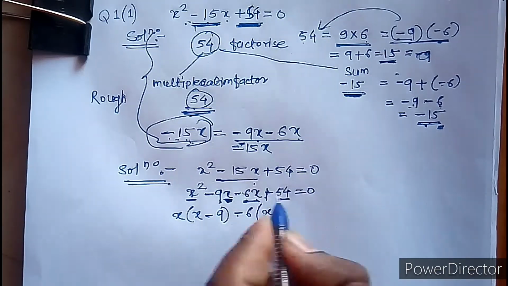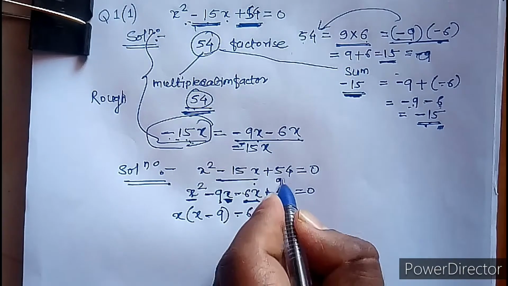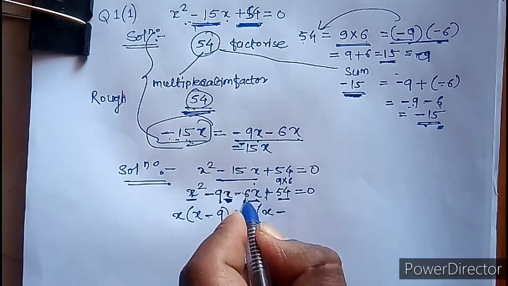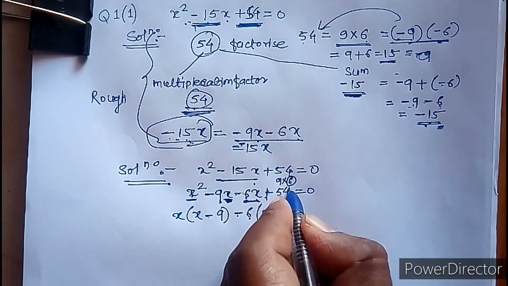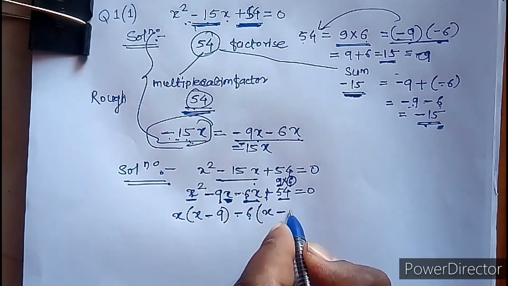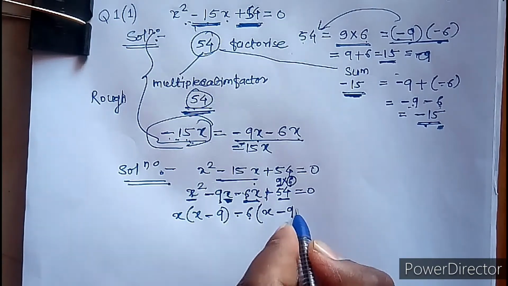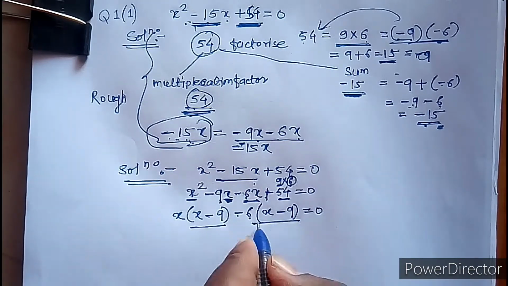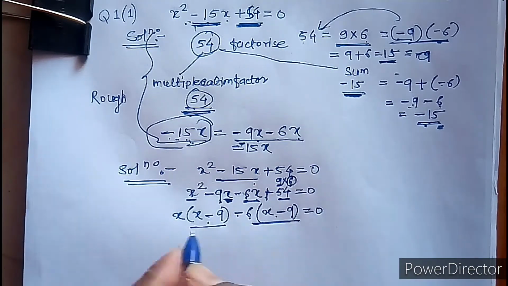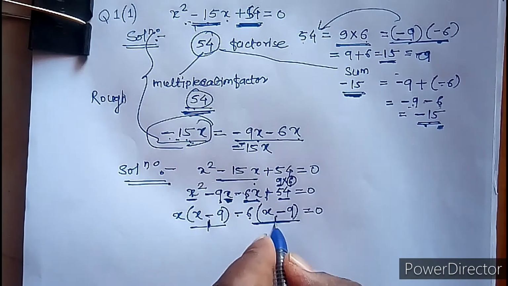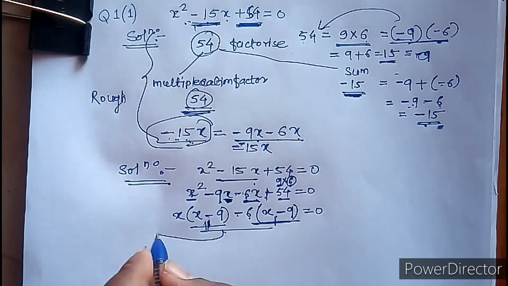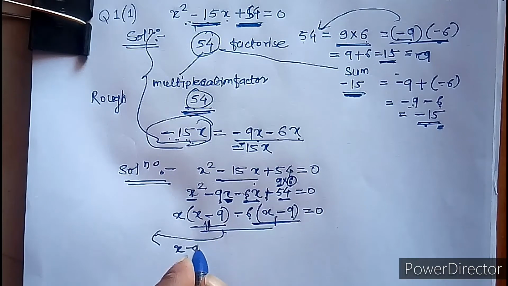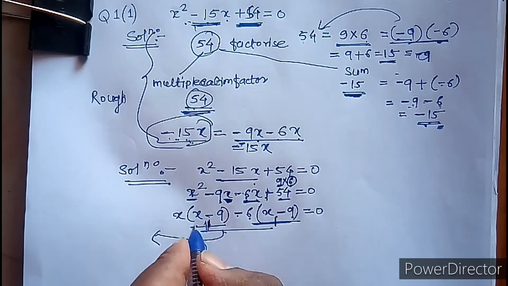Now 54, the factors of 54 are 9 into 6. We are taking this 6 outside, means here only 9 is remaining. Write down here 9 equals to 0. Now x minus 9 and x minus 9, both terms are common.